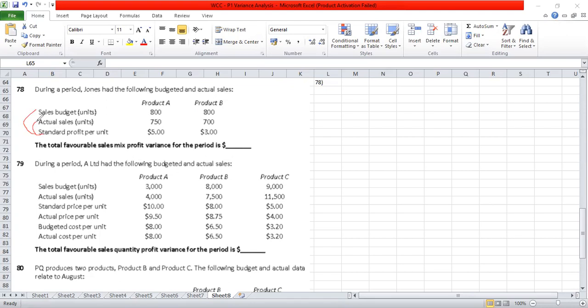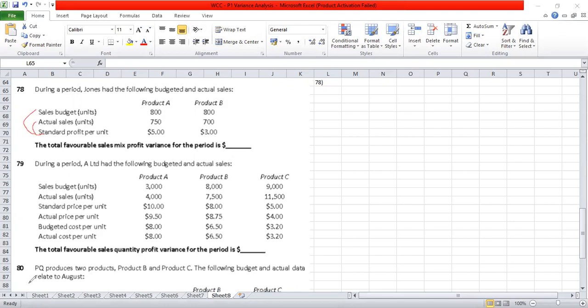The volume variances are always at the standard rate, standard profit, standard contribution. So that is how it is taken into consideration. Since we have more than one product, maybe we can tabulate the data to find out the standard profit of the standard mix minus the standard profit of the actual mix. So that is how we can find out.